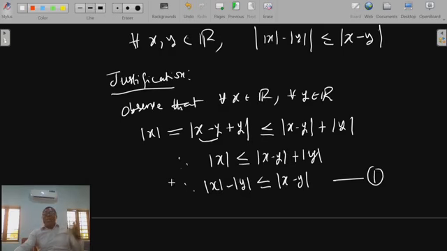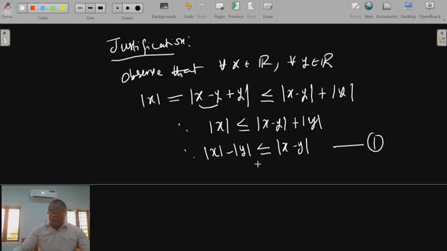No. The reason is because x here could be, say, -4 when you evaluate it. Y here is, say, 2. -4 is obviously less than or equal to 2. But if you apply absolute value on both sides, you get something that is contradictory, because instead of getting that 4 is less than 2, you get that 4 is bigger than 2. So taking absolute value on both sides of an inequality is not always true.